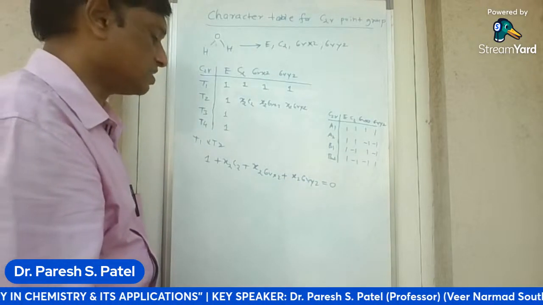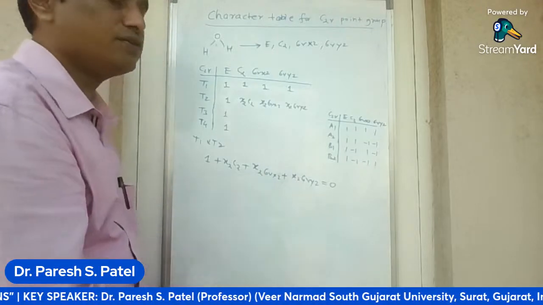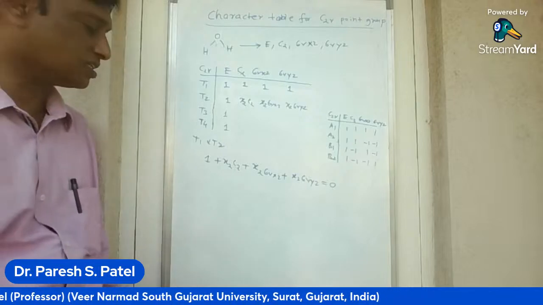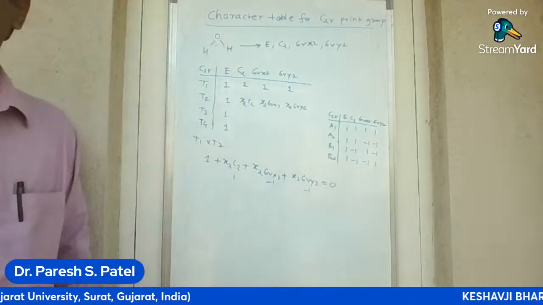This equation can be satisfied if the character for any two values are -1 and any one value is +1. Suppose this one is 1 and these are -1. This equation can be satisfied.